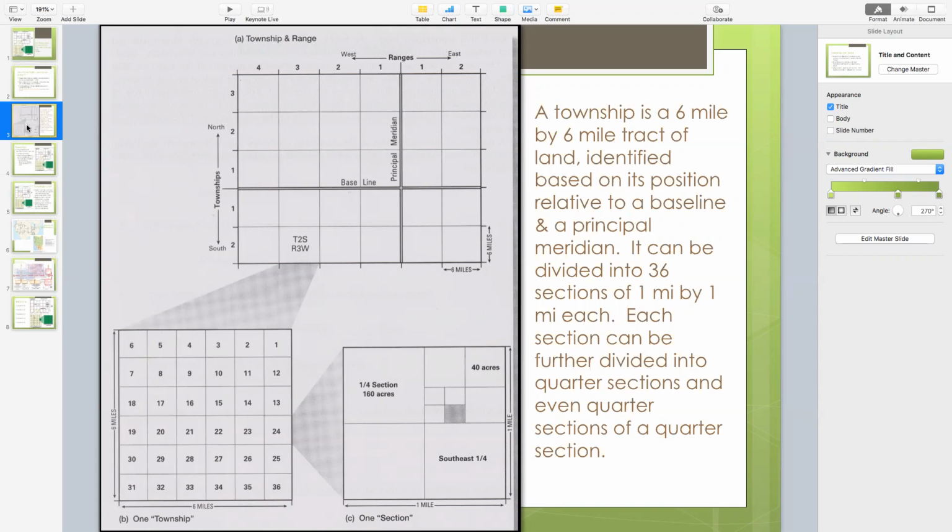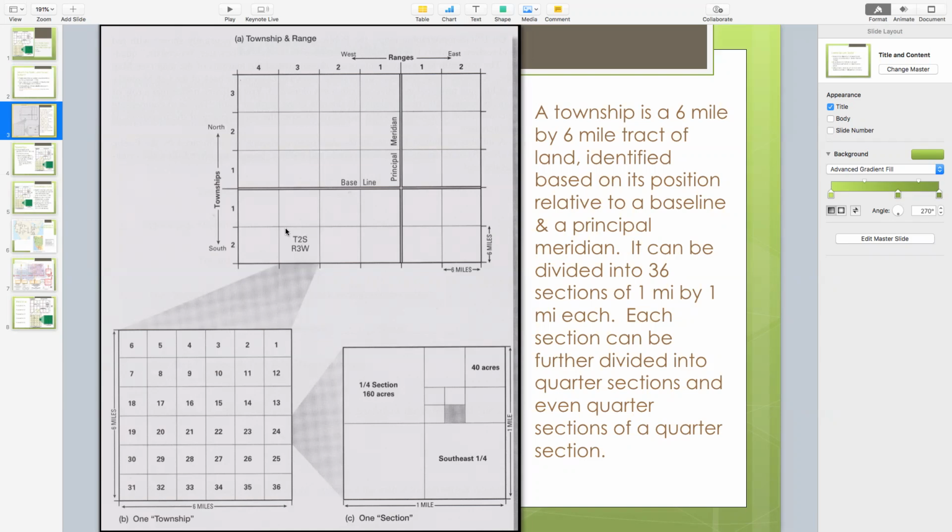So for example, this township in this first diagram at the top is labeled T2S R3W, which stands for Township 2 South, Range 3 West. This block is called a township, and it is a 6 by 6 mile tract of land.